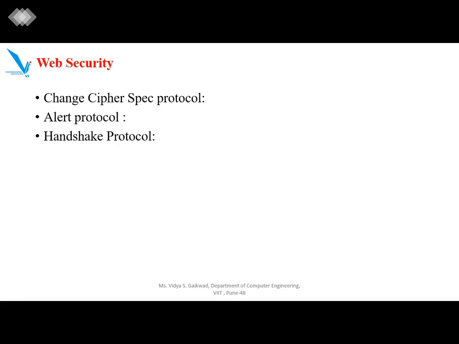Next is the alert protocol. It is used to inform SSL related alerts to the communication parties. These messages are encrypted and compressed. There are 2 bytes in each message in the alert protocol. The first byte indicates the severity of a message.